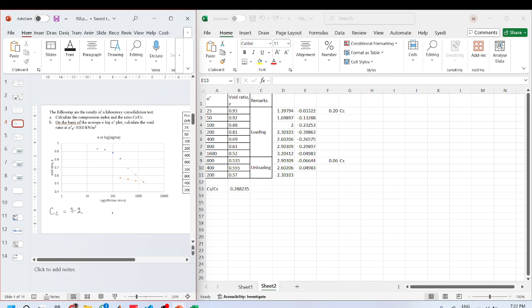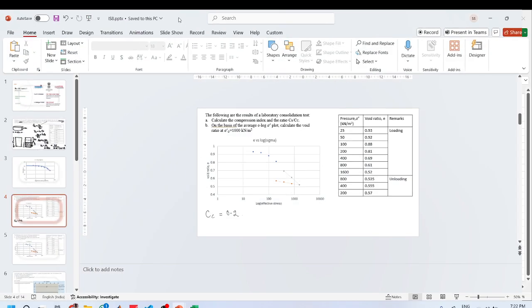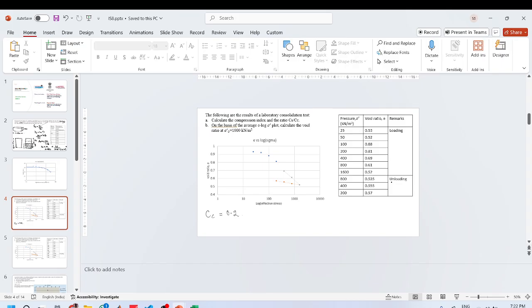Ma'am, Cc is the compression index. What is Cs? This is the swelling index at unloading, na? So this is the unloading part of the curve, isn't it? So this is the slope of this. This is Cc. Okay.